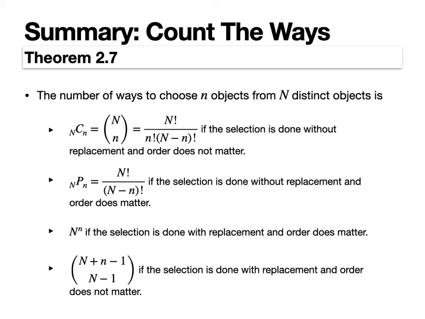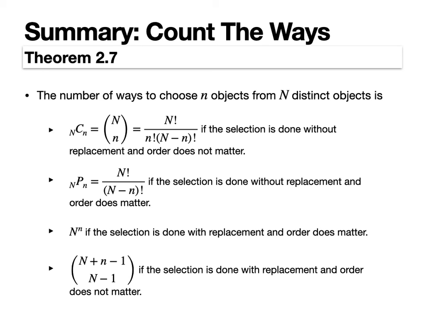And I'm going to end here with a little theorem that just summarizes what we've seen in terms of counting the outcomes in the various kinds of sample spaces that we've seen for simple random samples and sequential random samples. So the number of ways to choose little n objects from big N distinct objects is capital N choose little n if the selection is done without replacement and order does not matter.